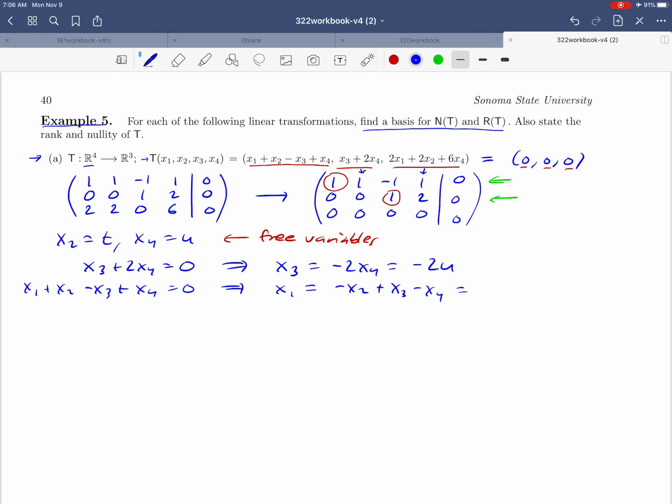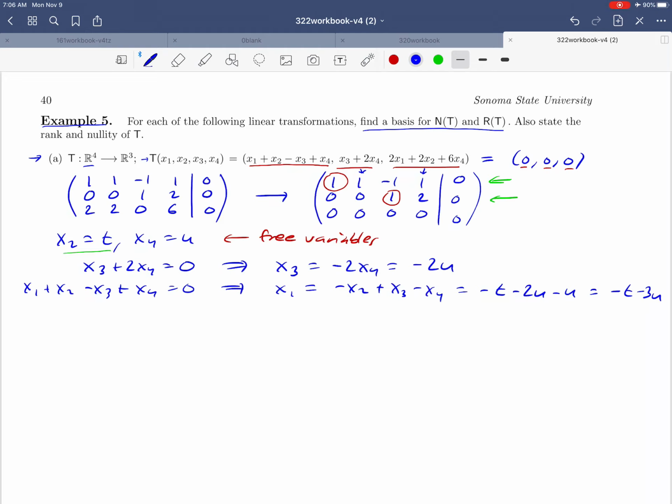We'll go ahead and sub in the values of the variables that we know here. x2 is equal to t, so we're going to get a negative t, and then x3 is equal to negative 2u, and then finally, x4 is equal to u, so we'll get a minus u. If you simplify that, notice that you get negative t minus 3u. So we've managed to find values for x1, x2, x3, and x4.